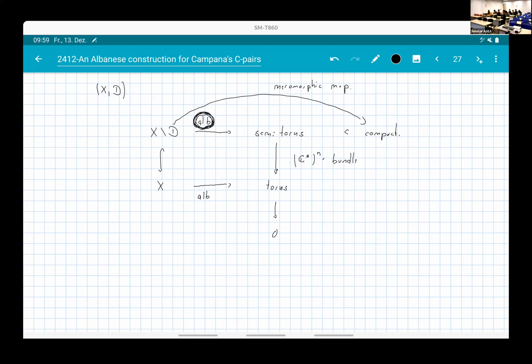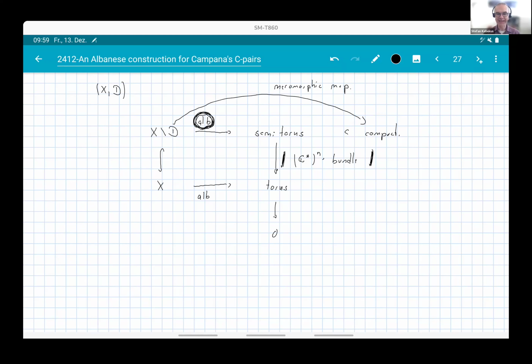Absolutely, you have different choices of compactifications, and they might not be bimeromorphic. So is there a privileged one? When you say this universal property in the analytic setting, do you choose a privileged compactification? Yeah, you choose a privileged compactification that comes from the C star bundle structure, because this can always be compactified to a P^n bundle structure.